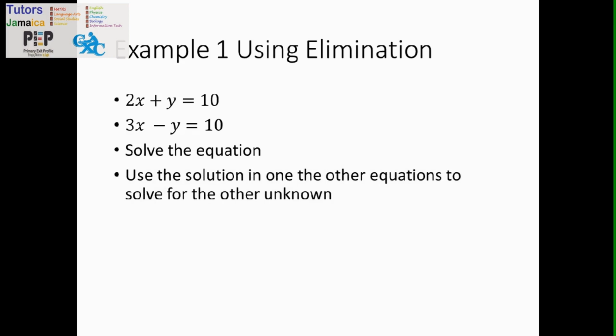So let's solve the equation. Once we've eliminated one unknown, we're going to solve the equation, and then use the solution in the other equation to solve for the other unknown.